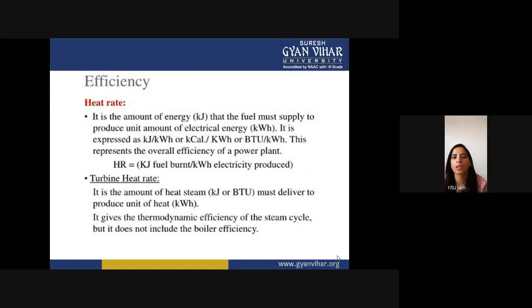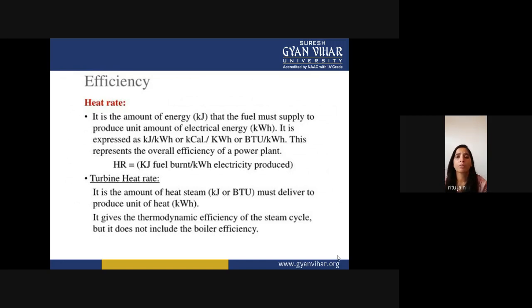Now we come to the next point, that is efficiency. If you are installing a power plant, obviously you have to find out whether this power plant is working efficiently or not. For this, you have to calculate the efficiency of the power plant. There are a few calculations used to find the efficiency, and one of them is heat rate.